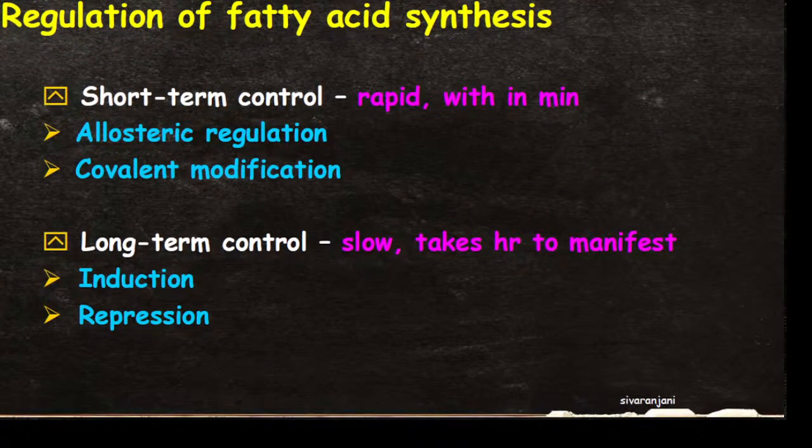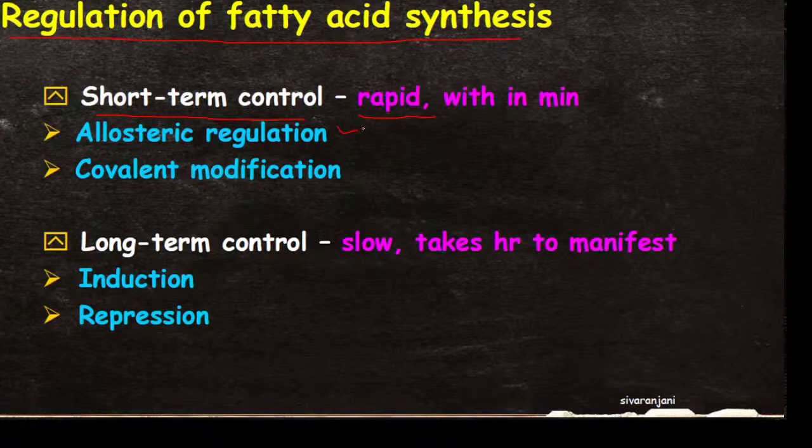Okay, so the next thing that we are supposed to discuss is regulation of fatty acid synthesis. So there are 2 types of regulation. One is short term control, which starts rapidly, but it regulates or controls only for a short period of time.